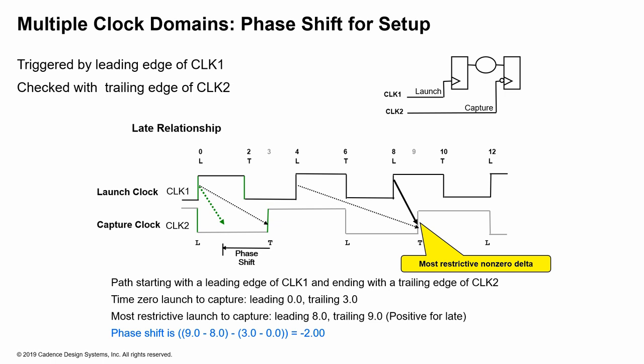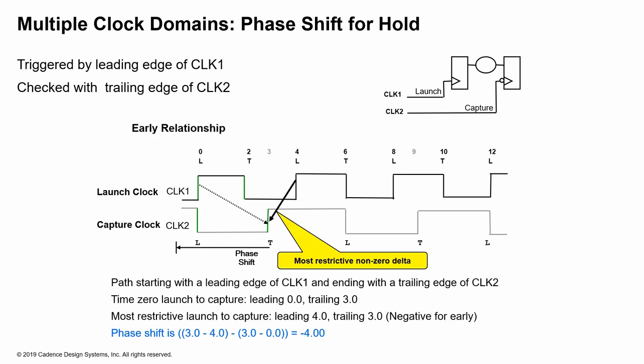So you're moving the waveform to the left by 2 units so that the worst case scenario is happening in the first clock cycle itself. This is the phase shift for setup.